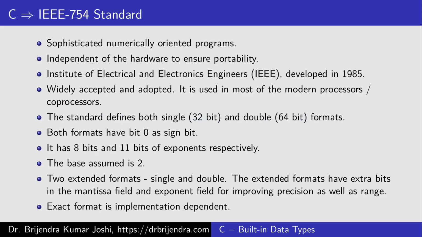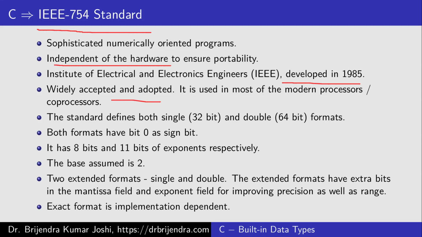Now, for sophisticated numerically oriented programs, the IEEE, that is Institute of Electrical and Electronics Engineers, developed a standard in 1985 known as IEEE 754. To ensure portability, that standard is independent of any hardware. It is widely accepted and adopted, and it is used in most modern processors and coprocessors.